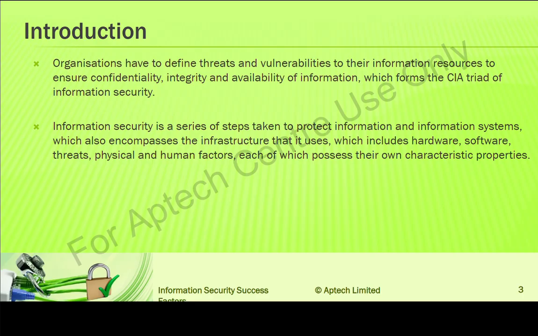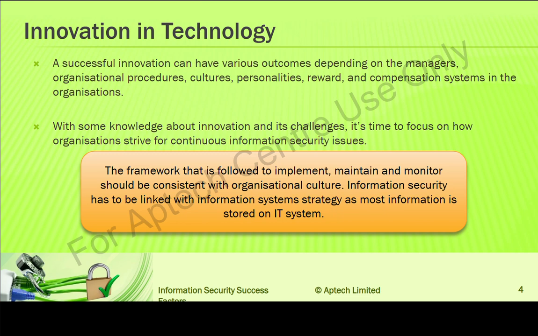And then innovation in technology. A successful innovation can have various outcomes depending on the manager's organization procedures, the culture around it, the personality behind it, and the reward and compensation system in the organization. So, with some knowledge about innovation and its challenges, it is time to focus on how organizations strive for continuous information security.